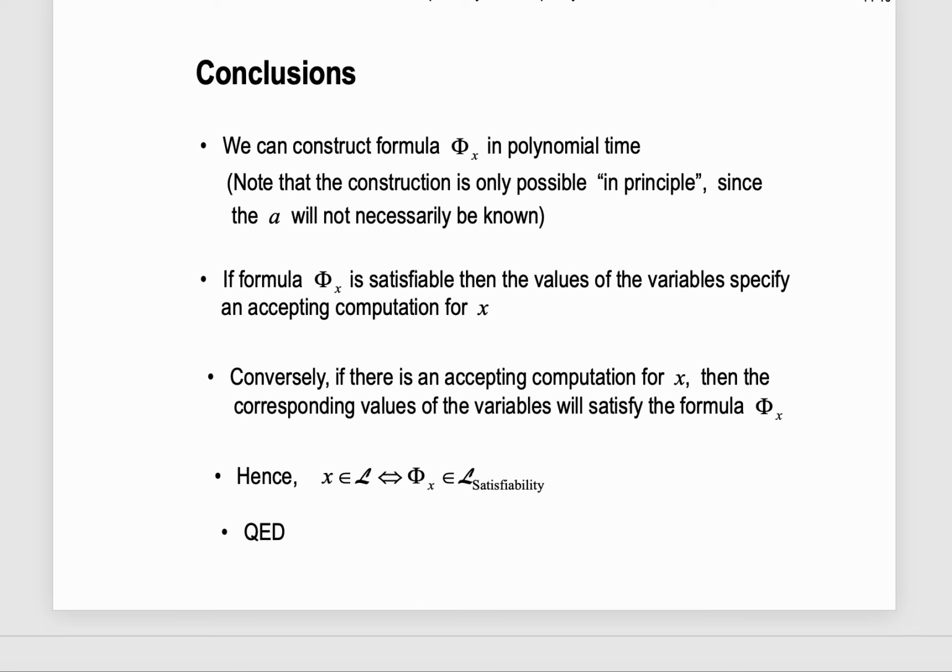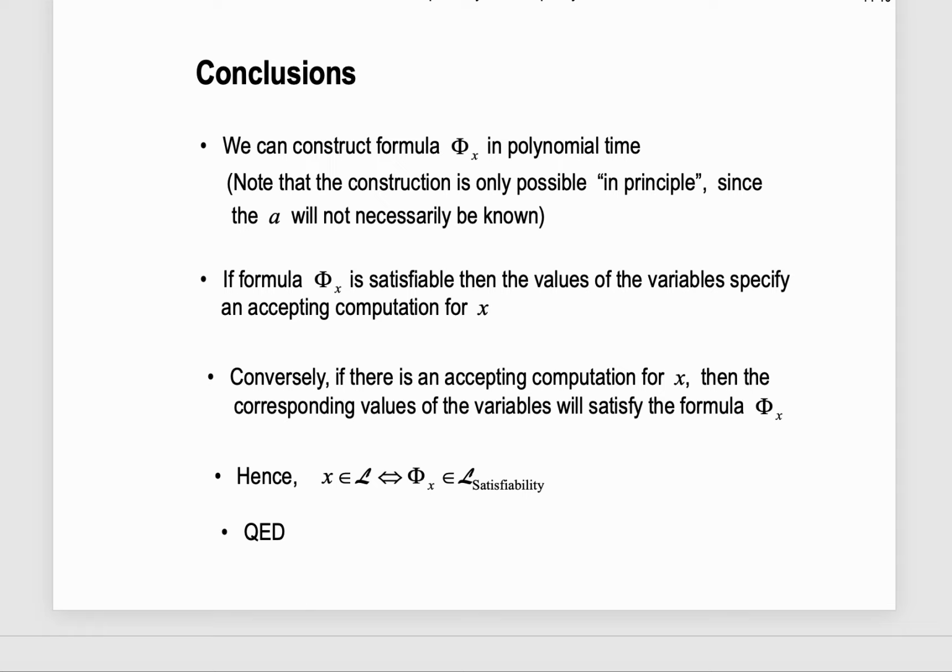Conclusions. Now, coming to the conclusions, we can construct a formula in polynomial time. Note that the construction is only possible in principle since A will not necessarily be known. If the formula is satisfiable, then the values of the variables specify an accepting computation for x.